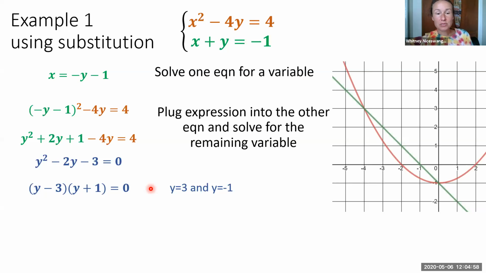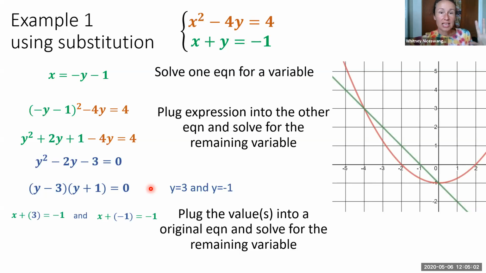So now in substitution, I know that y is 3. So I'm going to plug y equals 3 back into one of my equations and figure out the x value that pairs with y equals 3. And I know that y equals -1, so I'm going to plug y equals -1 back into one of my equations and find the x value that pairs with y equals -1. So the x value that pairs with y equals 3 from this equation down here is going to be -4.